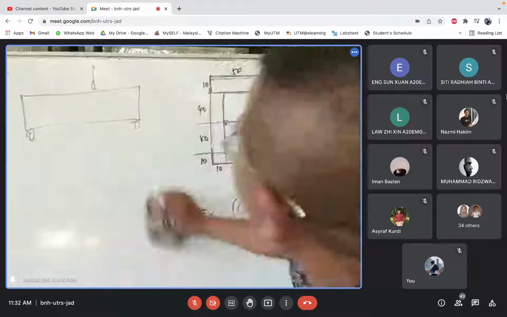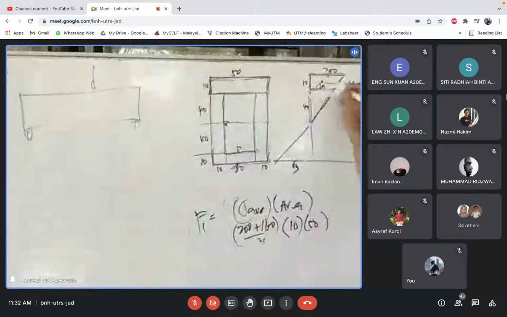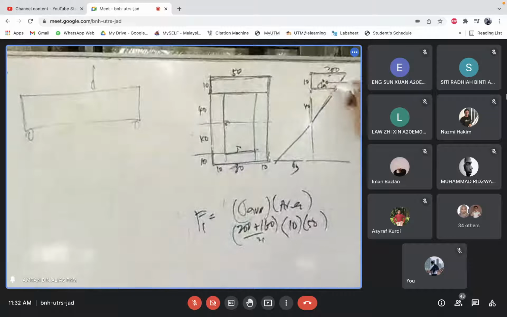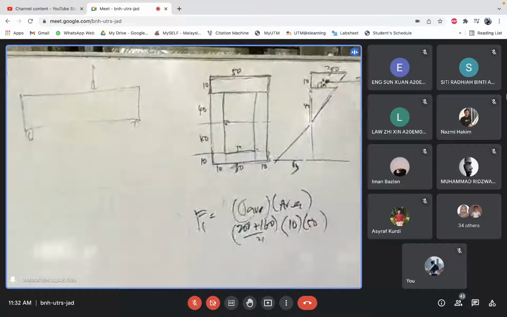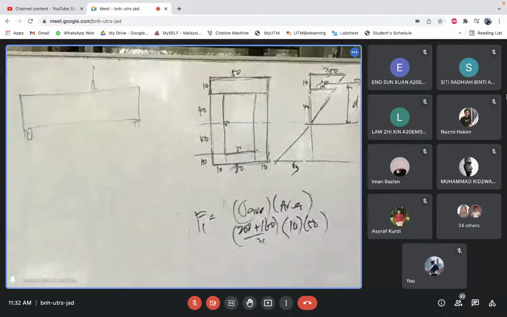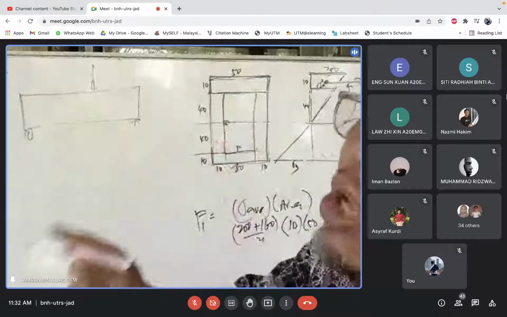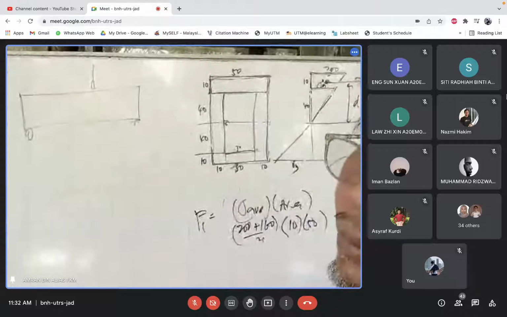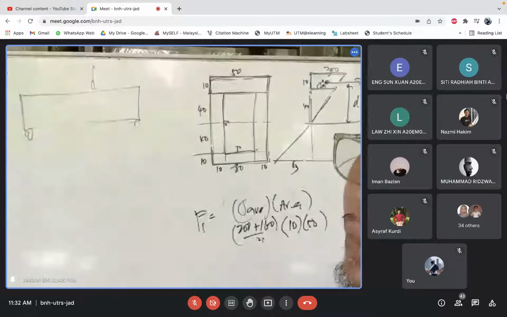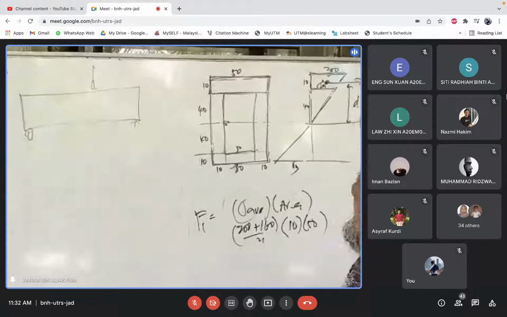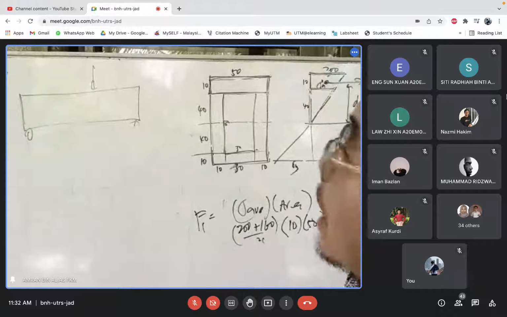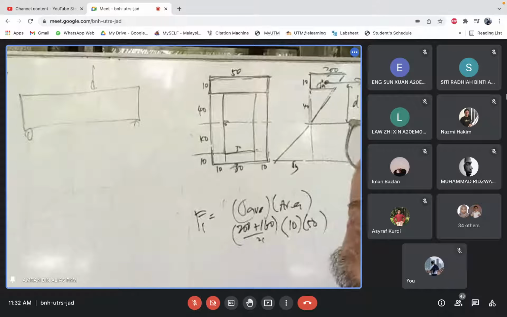Now comes the question. Where do you want to put that F? There must be a point where you want to put that F. There must be a distance, right? Where do you want to put that F? So how to do this? Hello guys, how to do this?